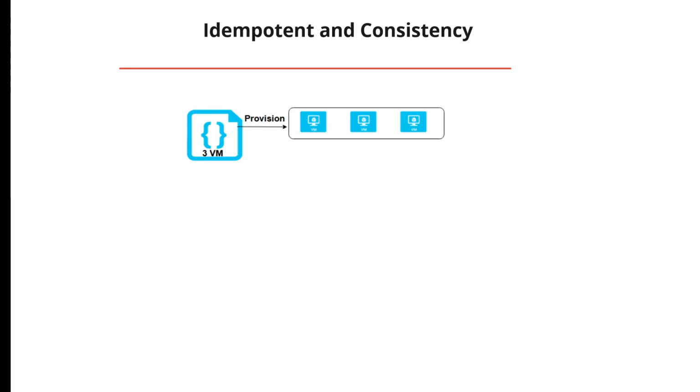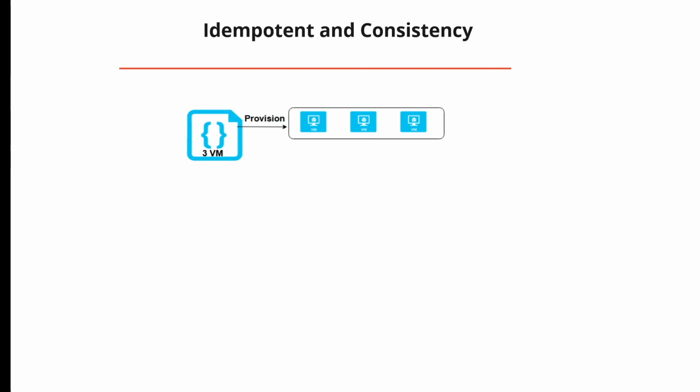Another important concept in infrastructure as code is idempotency and consistency. Consistency is basically that each time you do something, your result should be the same, or consistent. Terraform is idempotent in the sense that if you haven't changed anything in your code and you reapply it again in the same environment, then nothing is going to change. That means, suppose you have code that defines provisioning of 3 VMs.